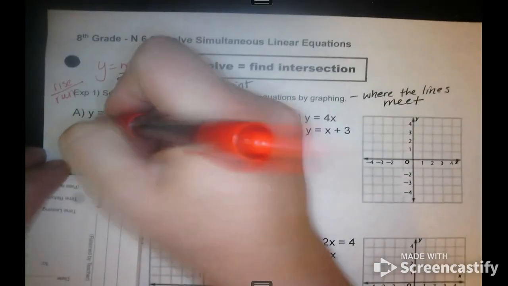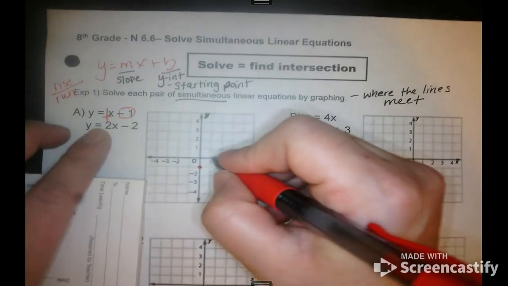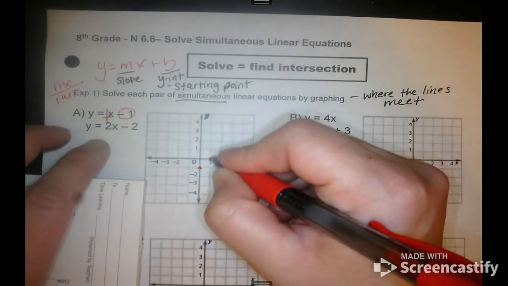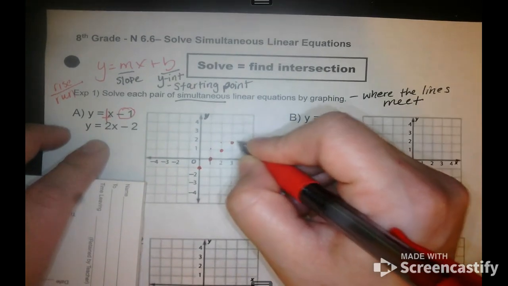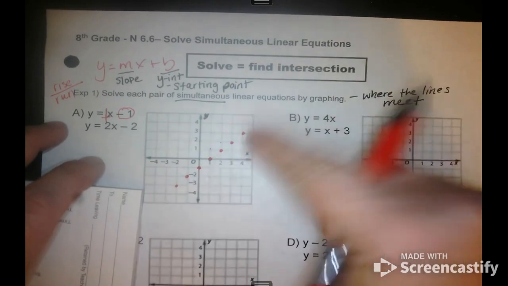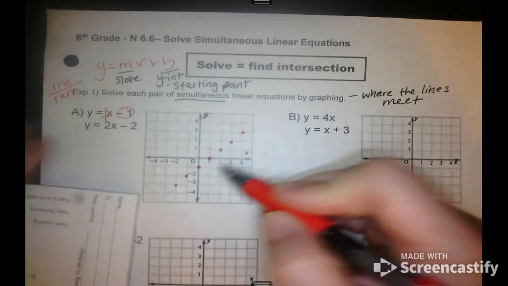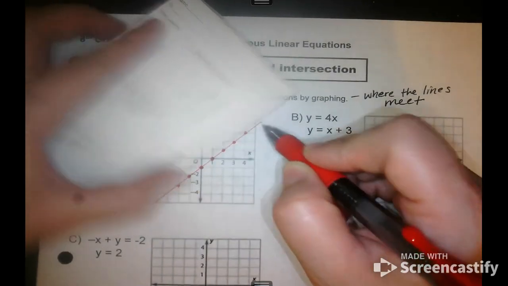Put a 1 underneath it. So I have 1 over 1. I started at my -1, and I go up 1, over 1. Up 1, over 1. You need to graph it quite a bit, so that you can see where your lines meet.